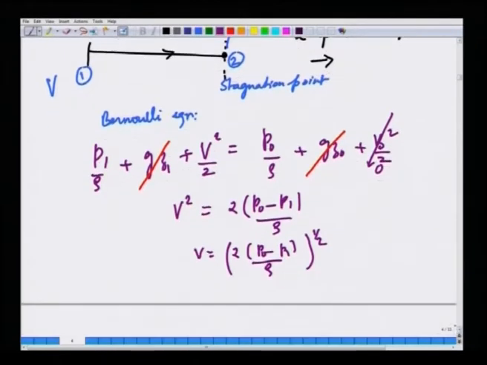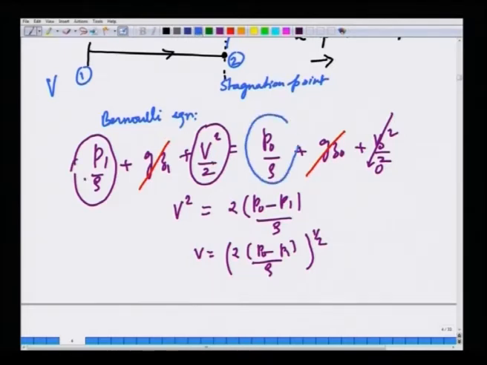This essentially says that upstream at point 1 there is a pressure head as well as the kinetic energy head. Both the pressure head and the kinetic energy head are converted to just pressure at the stagnation point, because the kinetic energy head is 0 there. That gives you an estimate of the velocity upstream.